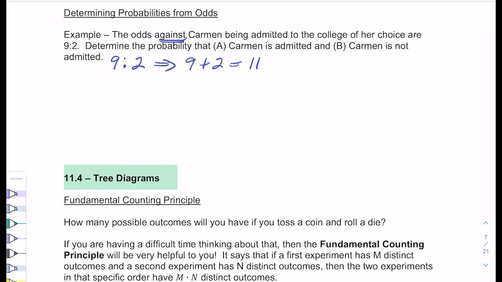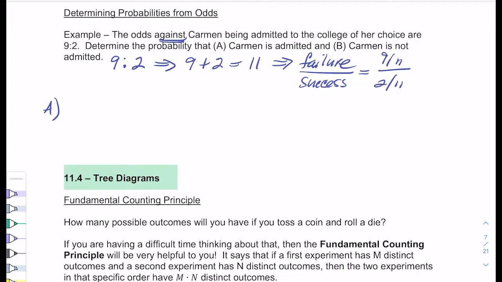So that tells me that if I look at a ratio of failure to success, it's 9 over 11 and then over 2 over 11. Because remember, the 11s would just cancel, and that's how you would get the 9 to 2. If I'm looking for the probability that Carmen is admitted, I would be looking at the odds in favor.